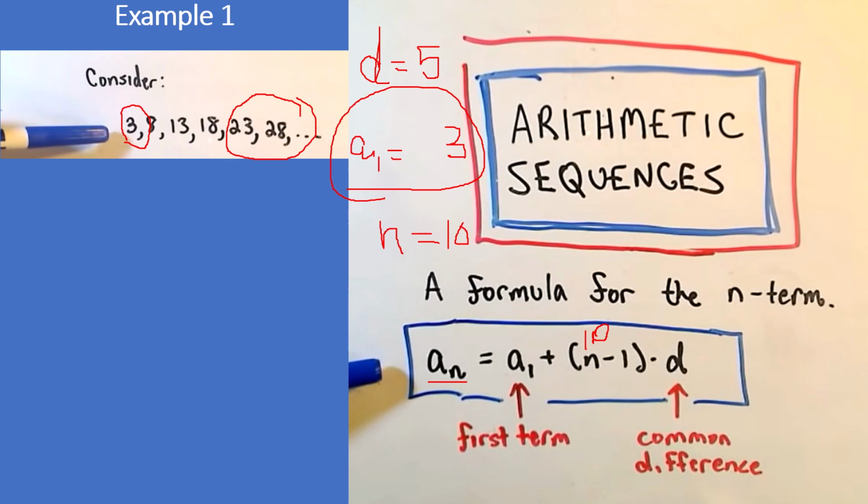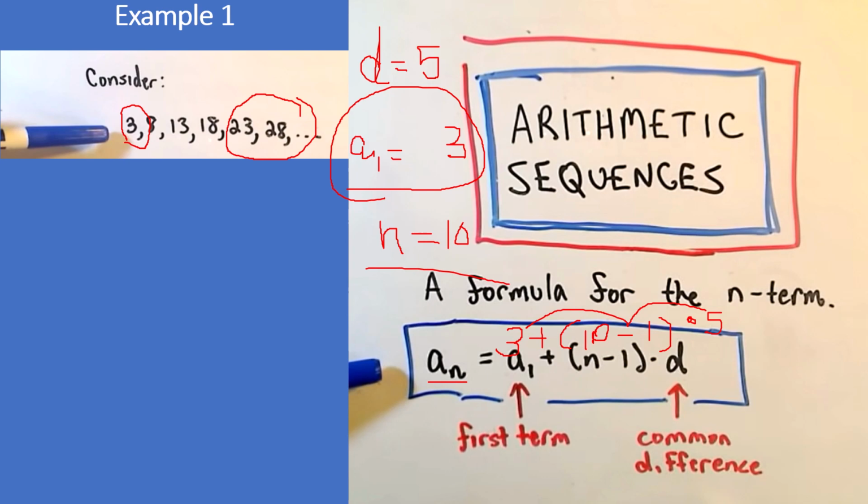The first term we know, that's going to be 3. So 3 plus 10 minus 1. 10 minus 1 is 9 times D. Now we had to calculate the difference, and that's 5. So 9 times 5 is 45, plus 3 is 48. So the 10th term would be 48.